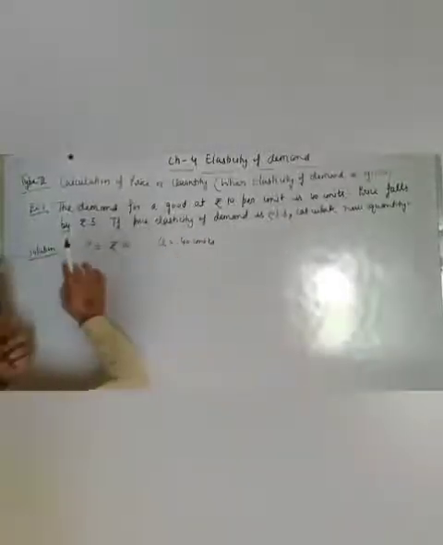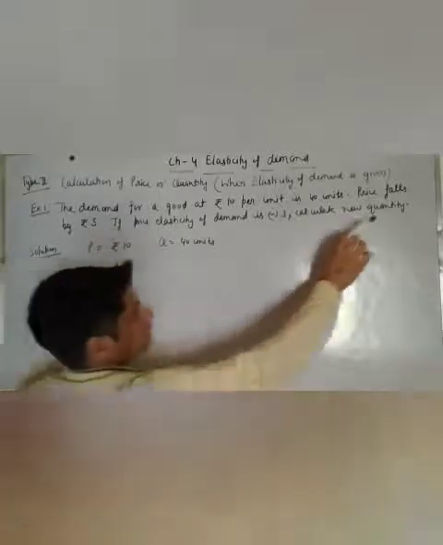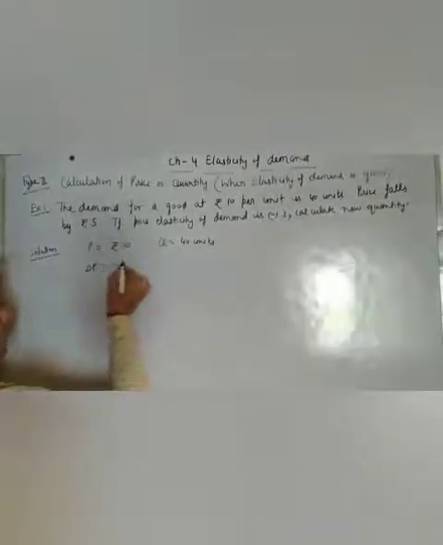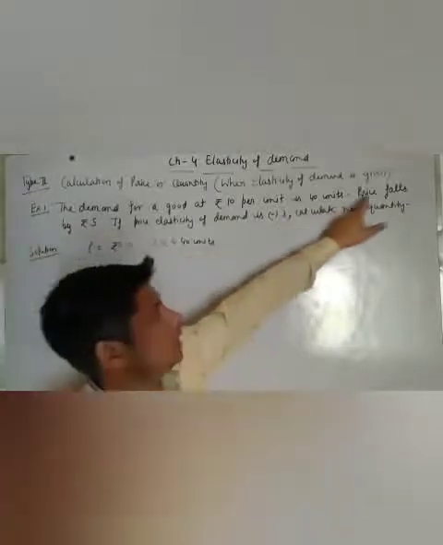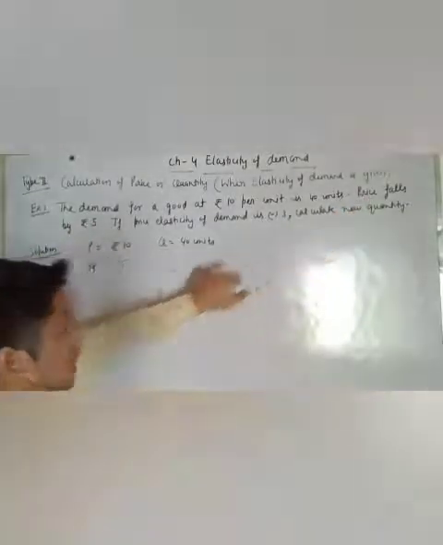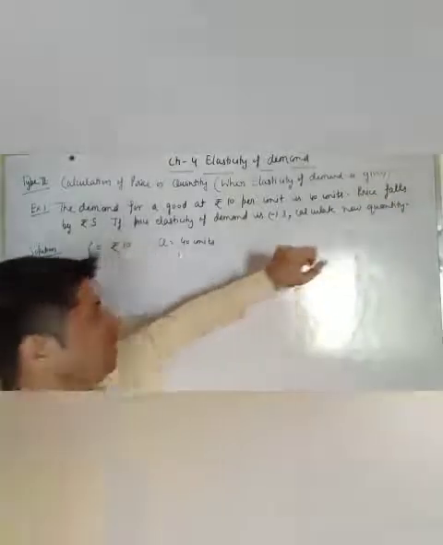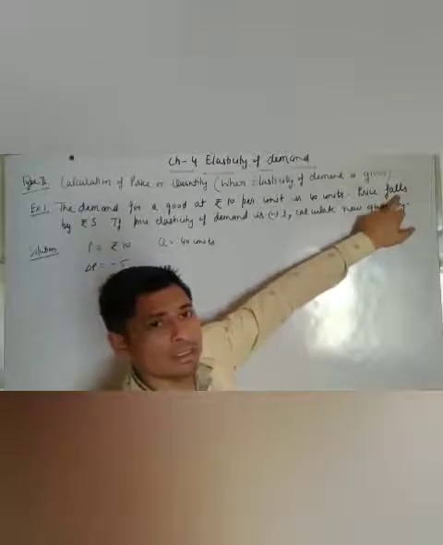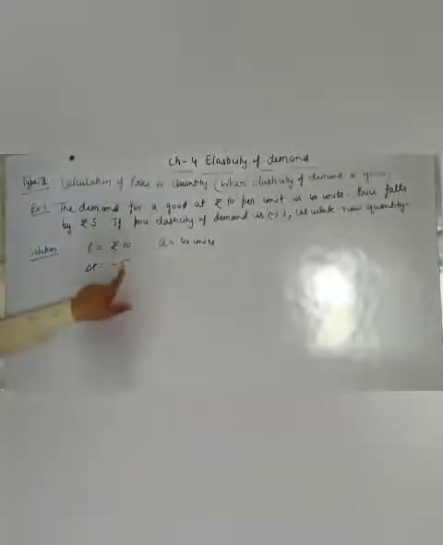So you will take delta P. Here "falls" is given, so you will take minus 5. Always remember, "by" means delta, and here price is given, so you will take delta P, and here "falls" is also given, so you will take minus 5. Suppose "rises" is given here, then you will take plus 5. So I hope all of you have understood.